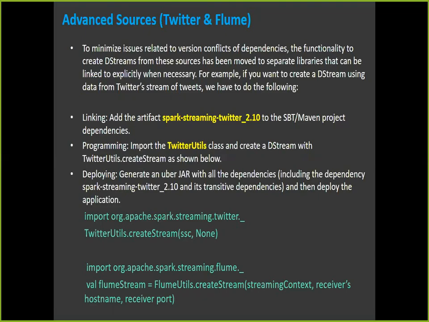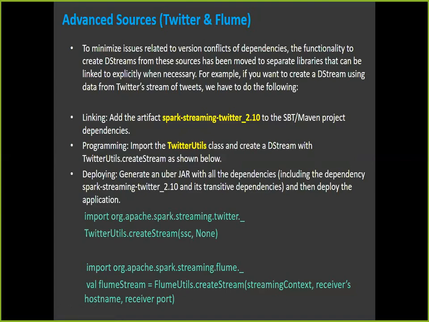Each of them will have its own utils classes. For example, in Twitter you have Twitter utils, and in Flume we have Flume utils classes. And in Kafka also you'll find a similar Kafka utils that we'll discuss while discussing Kafka.